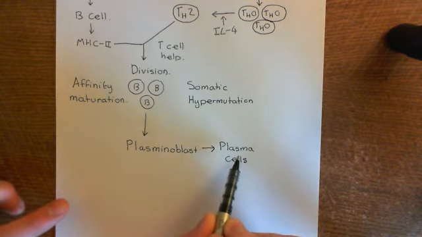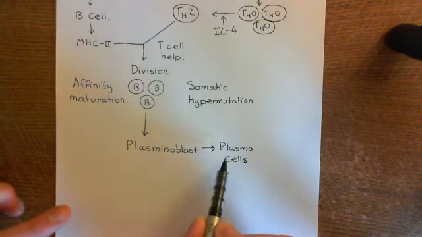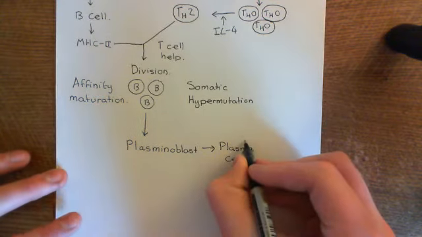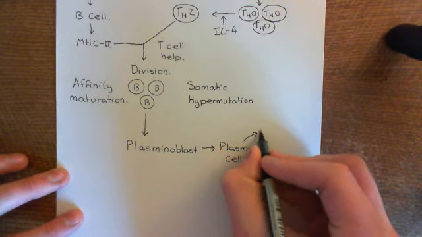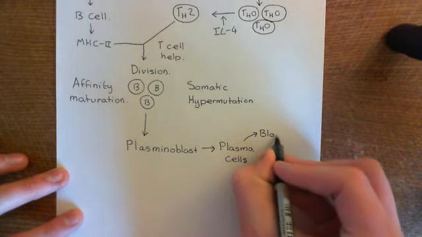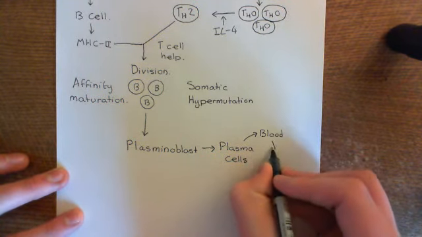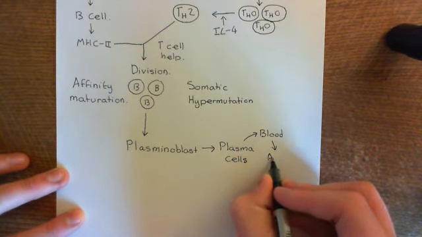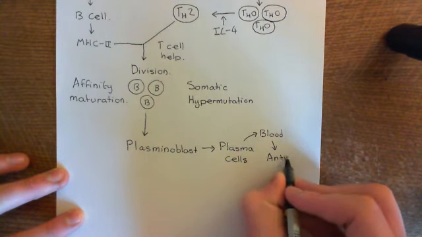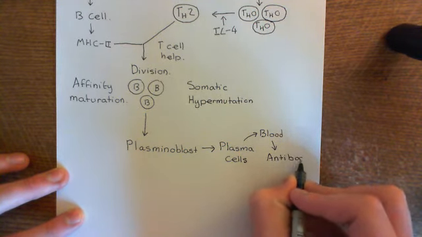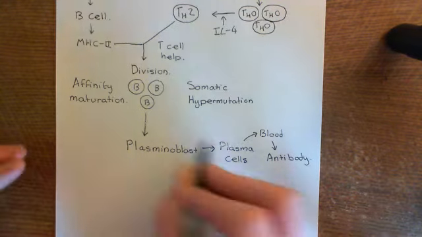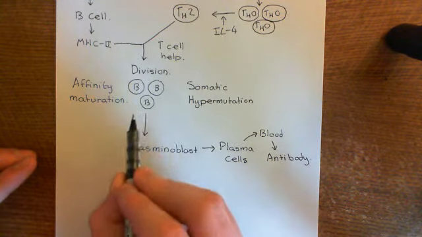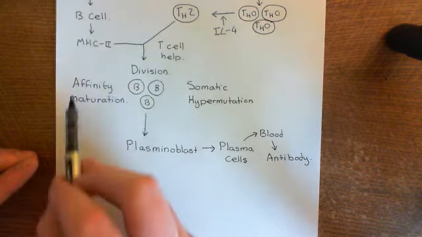And these plasma cells will then start chucking out antibody. Okay, so these will go into the blood and they'll produce antibody. And antibody is effectively just a soluble version of the B cell receptor. Okay, so it's a protein which can bind to this antigen with really high affinity now because of this affinity maturation process.